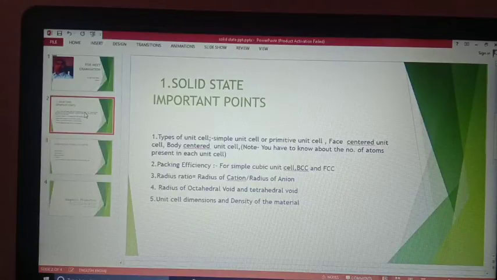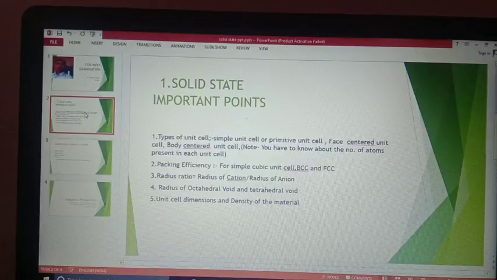If it is given as a BCC structure, keep in mind Z will be 2; if it's an FCC structure, Z will be 4. These are the main points that you should know very well.